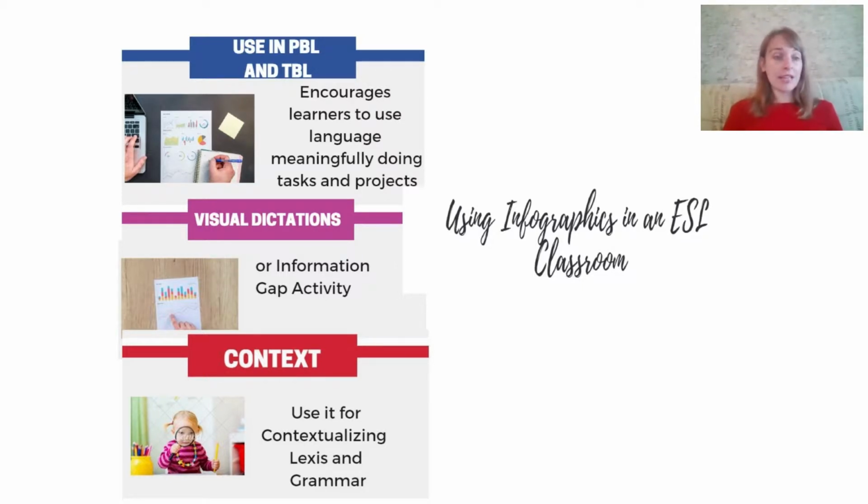And another person has nothing, just the blank graph. So person one should describe this graph to person two, and person two actually draws this graph. This is a really interesting activity because both learners are active there.